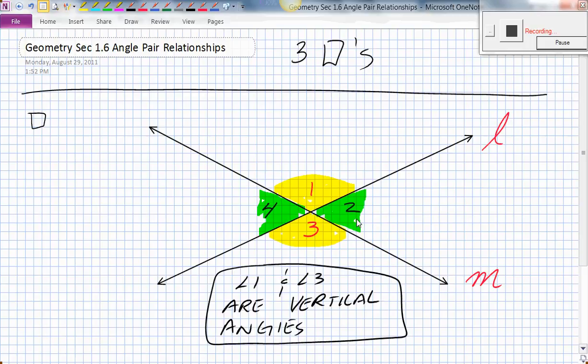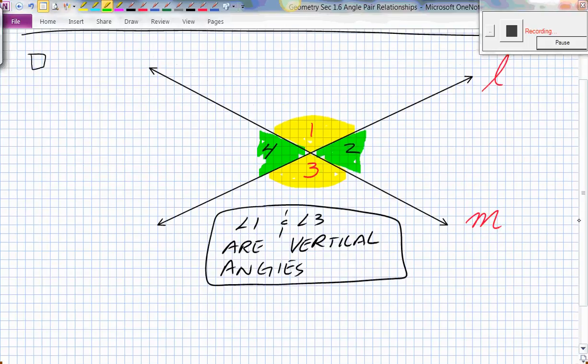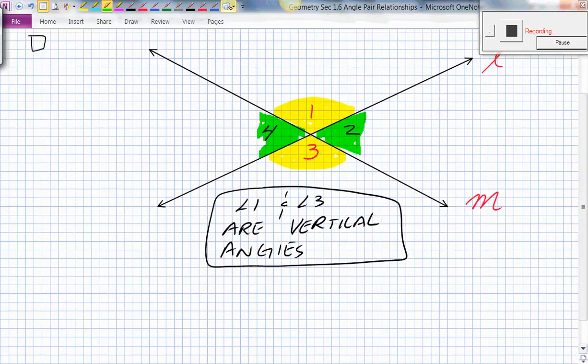Okay, there's also something called a linear pair that I'd like to talk to you about as well. So I'm going to draw another little section over here. And I call this angle 5 and angle 6.